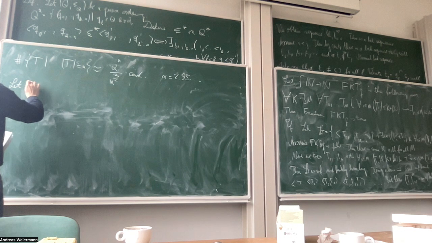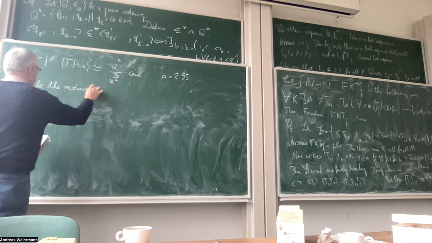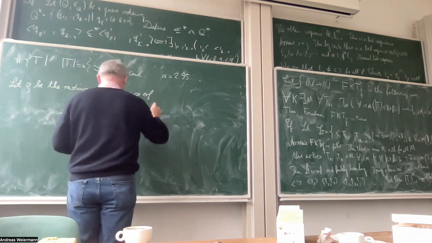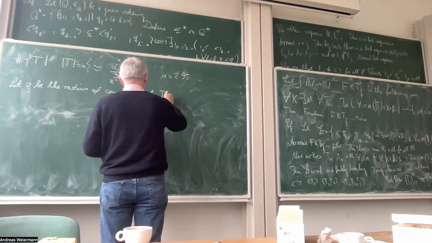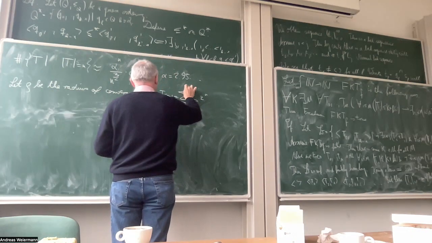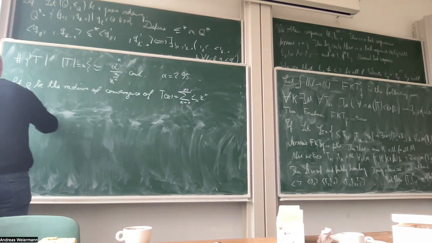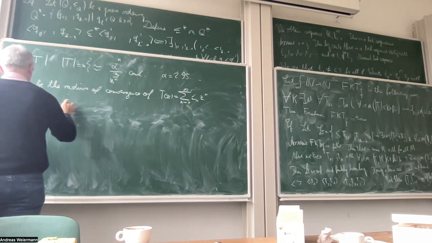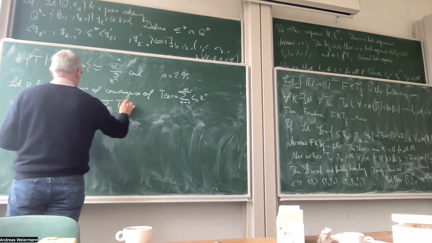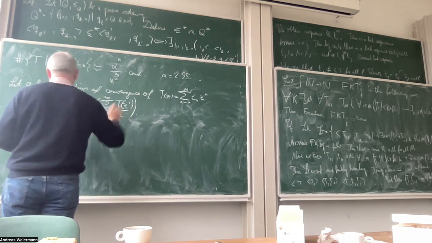So let rho be the radius of convergence of the following power series: the sum over n from 0 to infinity, where P of z is z times the exponential function of a sum over n from 2 to infinity.